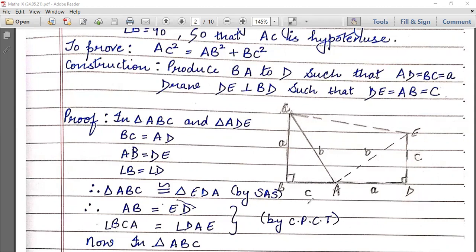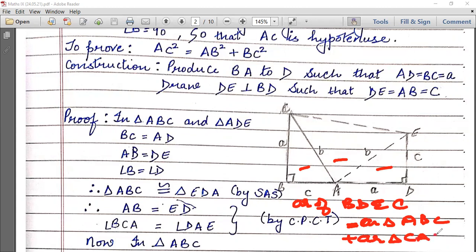So here you can say that area of trapezium BDEC is equal to, because there are three triangles in this, area of triangle ABC plus area of triangle CAE plus area of triangle ADE. Okay, so the complete figure is of three triangles, so you can add all the three areas. We'll get the area of trapezium.